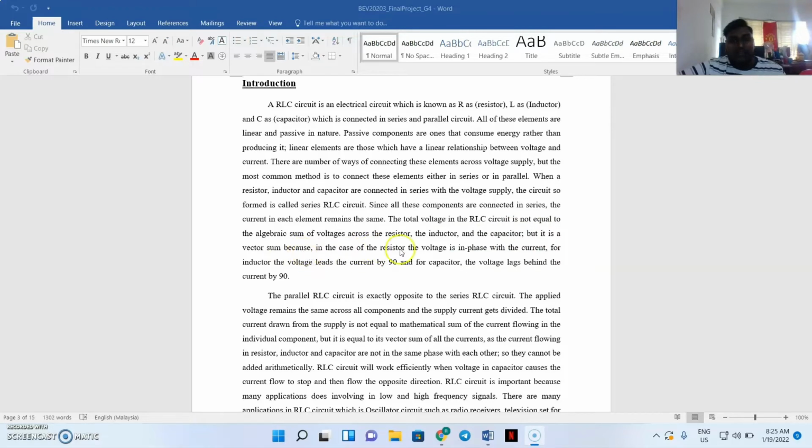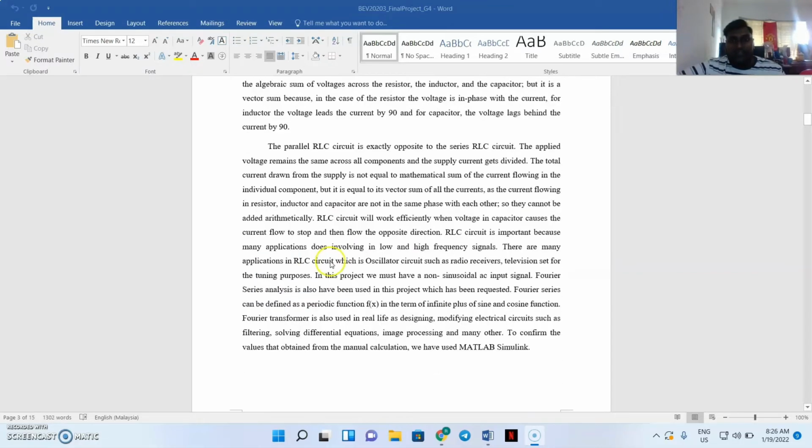In a resistor, the voltage is in phase with the current. For the inductor, the voltage leads the current by 90 degrees, and for the capacitor, the voltage lags behind the current by 90 degrees. The RLC circuit works efficiently when the voltage in the capacitor causes the current flow to stop and then flow in the opposite direction.